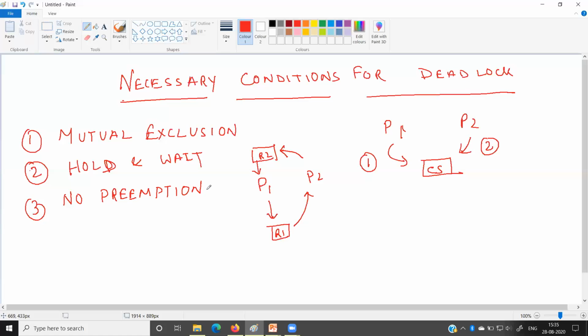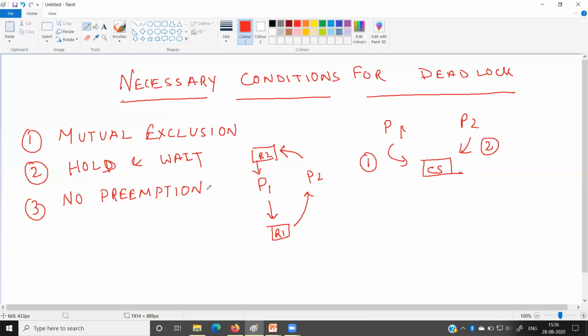Only if P1 releases the resource R2 by itself can resource R2 be released. So this condition is called no preemption. That means the resource cannot be forcefully taken from any process until the process releases the resource by itself. So no preemption is another condition for deadlock.